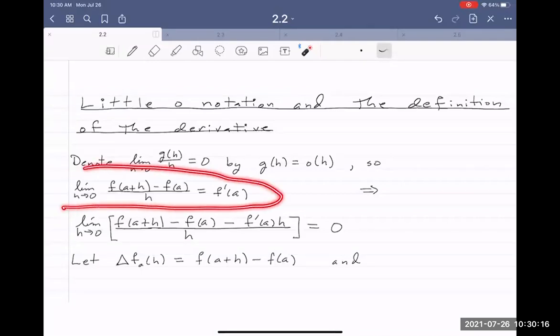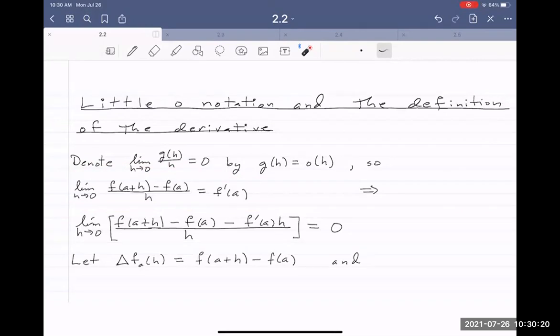So if I look here at the definition that we had from before of the limit, that the derivative is the limit of these difference quotients. The limit as h approaches 0 of f of a plus h minus f of a over h is equal to f prime at a.